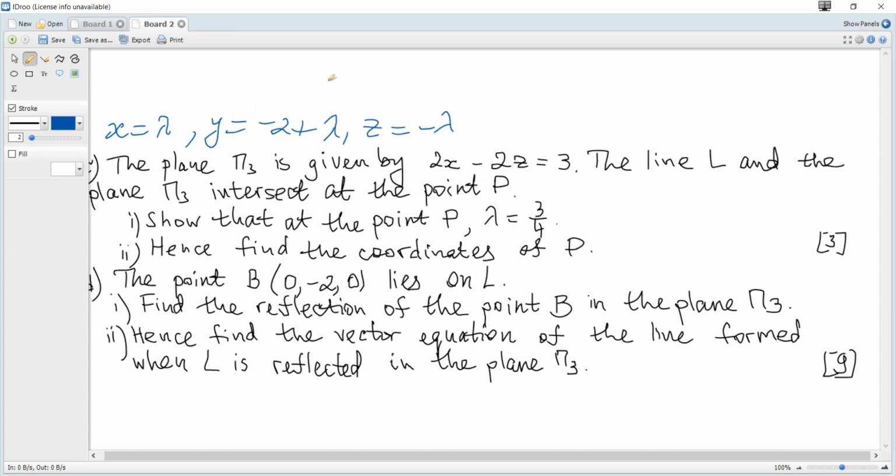So it becomes 2 lambda minus 2 times (-lambda) is 3, hence 4 lambda is 3 and lambda is 3 over 4.